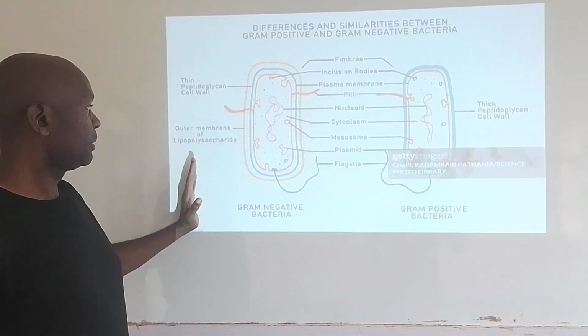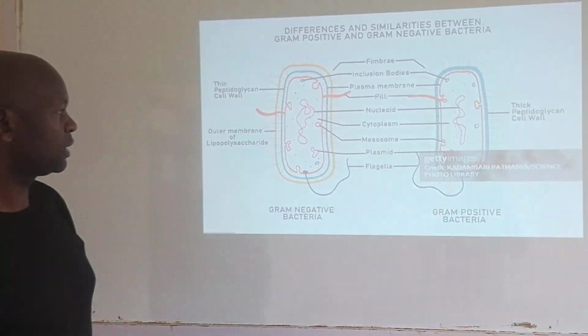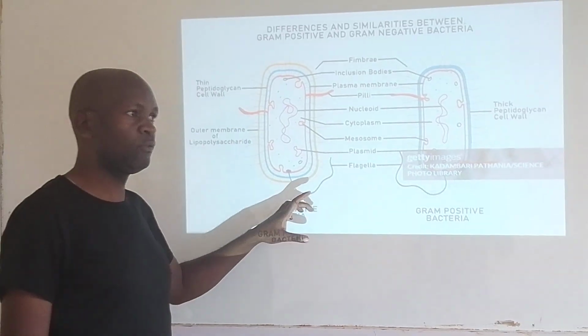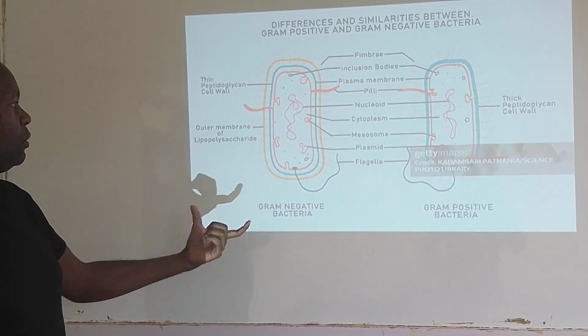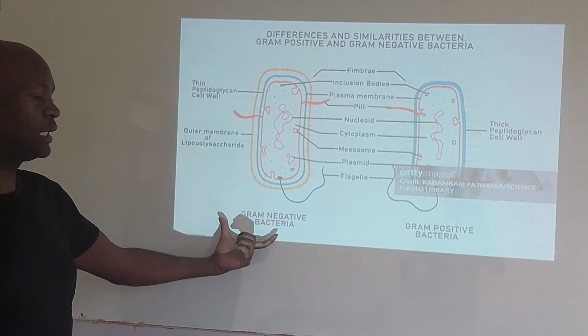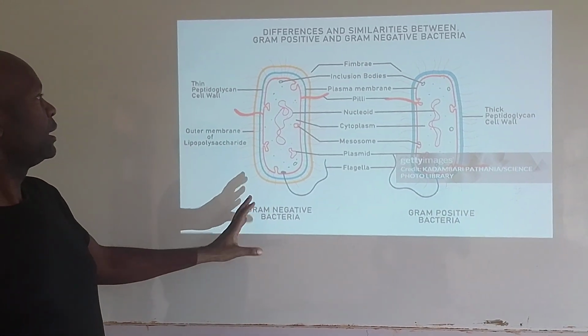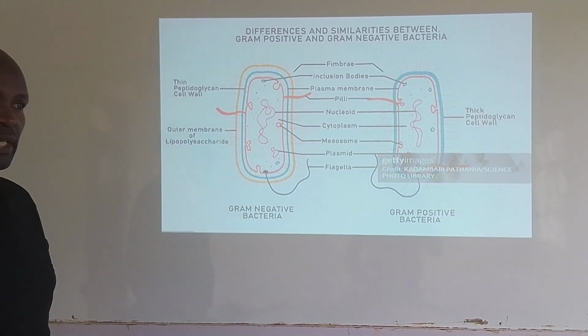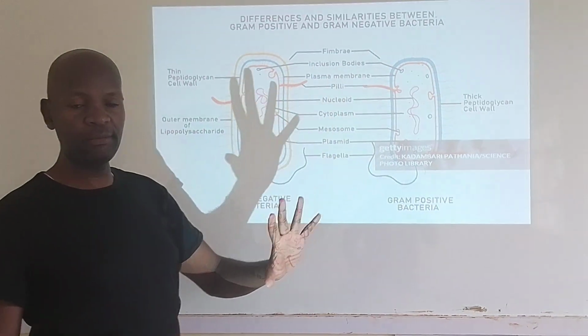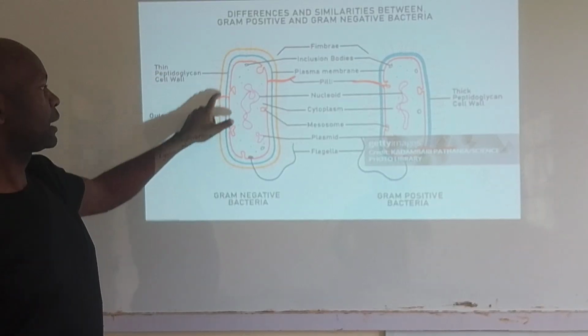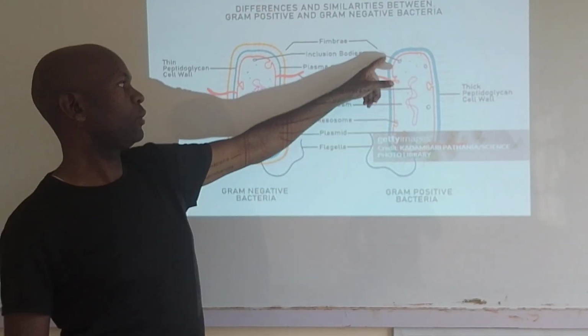Now, these are the similarities and differences between gram-positive and gram-negative bacteria. When you look at a gram-negative bacteria in terms of structure, you will see that the internal structures of the bacteria are similar, but the difference comes in the cell wall.